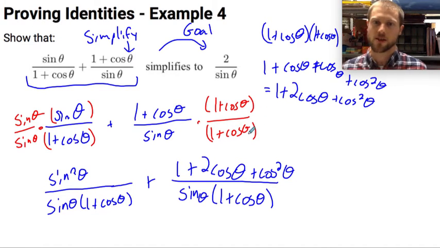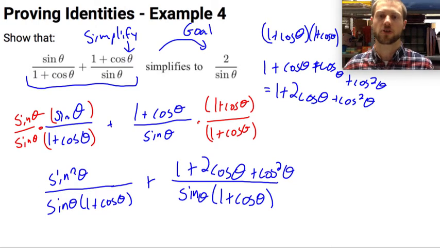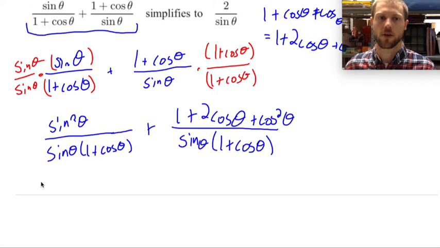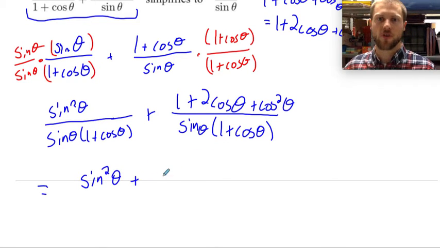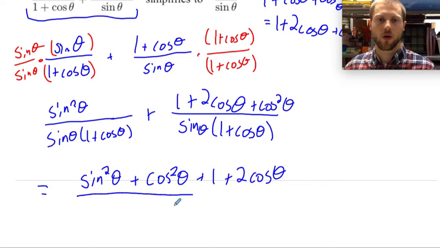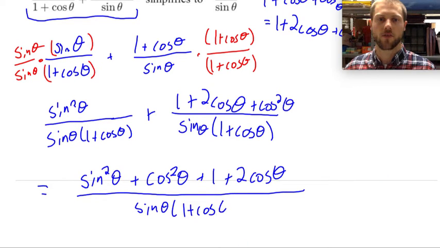It's looking like we're not simplifying quite yet, but now we can combine these as one fraction. I can say this is equal to sine squared of theta plus, and now I'm going to start the next fraction with the cosine squared of theta, maybe you see why, plus 1 plus 2 cosine of theta, all over sine of theta times 1 plus cosine of theta.